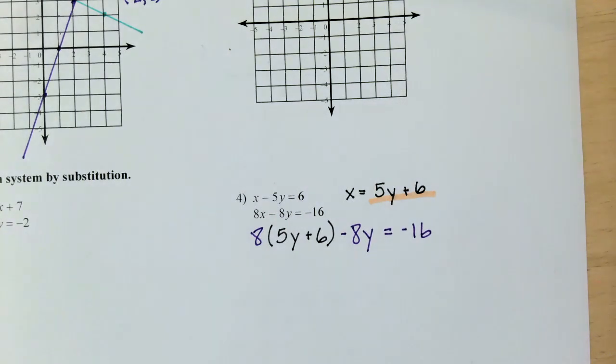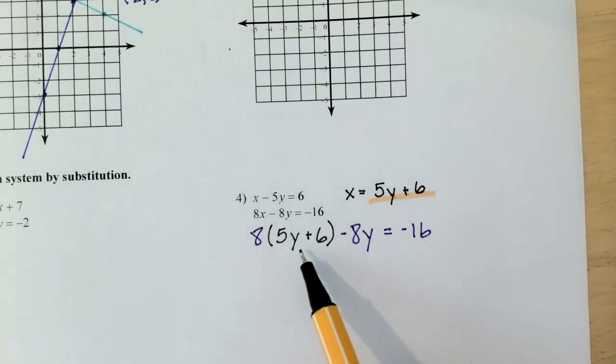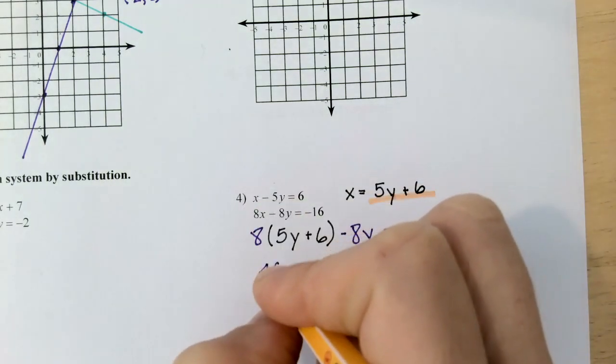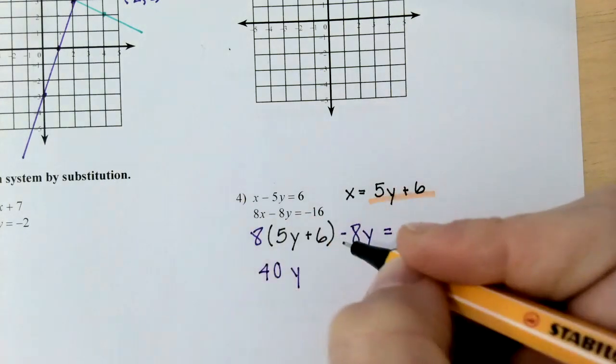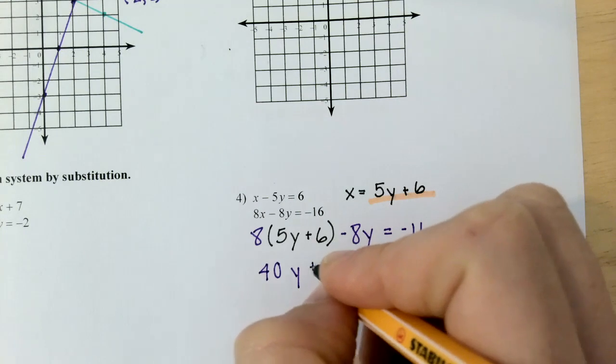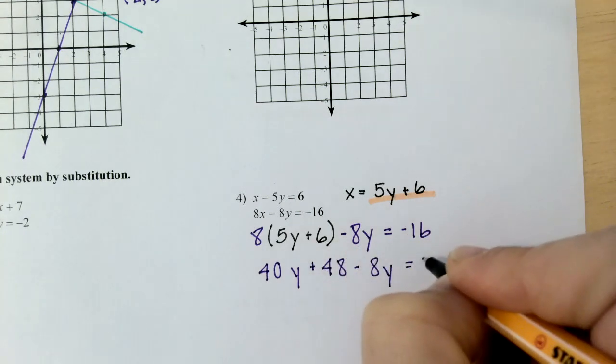And what we've done here is we've eliminated the x just by replacing x with the y from the other equation. 8 times 5 is 40. 8 times 6, I get nervous about this. Do it on the calculator, 48. I think I should have known that one. Minus 8y equals negative 16.